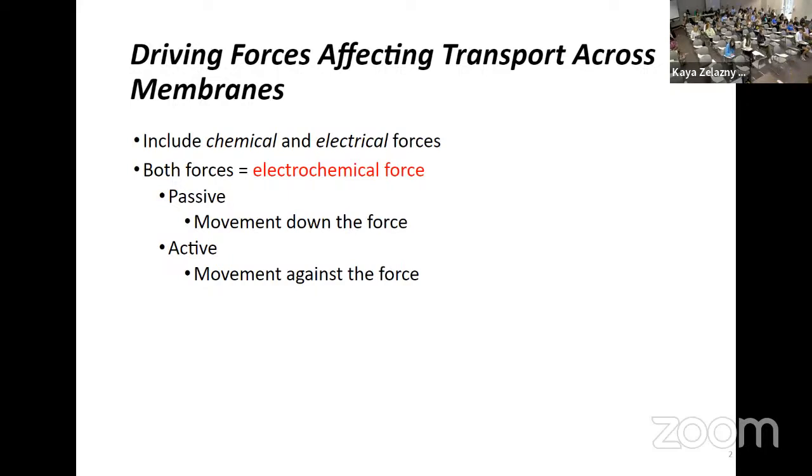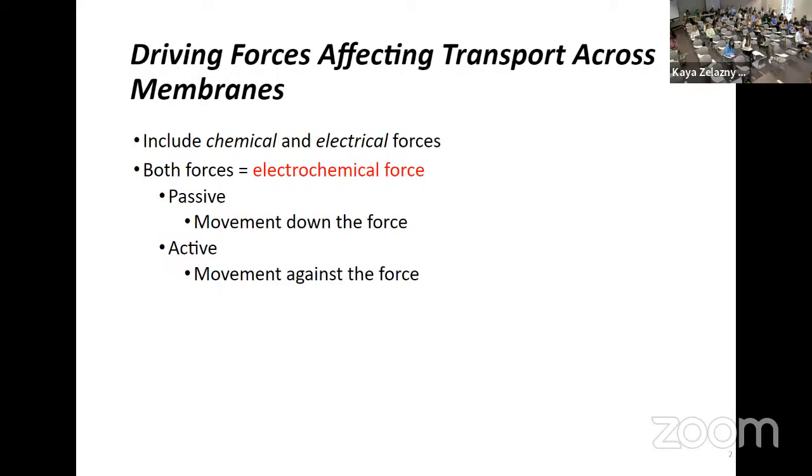Okay? So if we talk about the chemical driving force, we're just looking at, is there more of this thing outside? Is there more of it inside? Okay. For the electrical force, we're going to think of those charges. So the fact that sodium is a cation, a positive ion, will matter when we think about the electrical force.